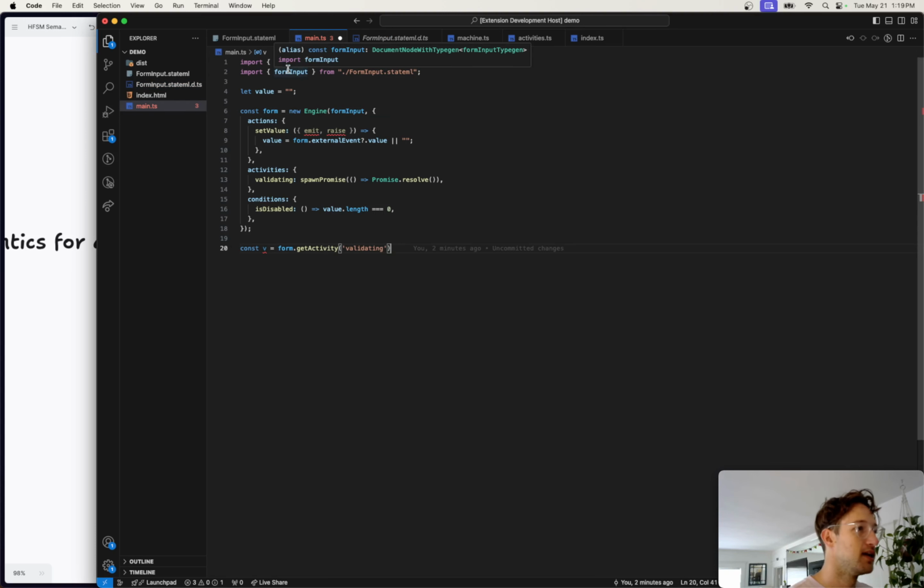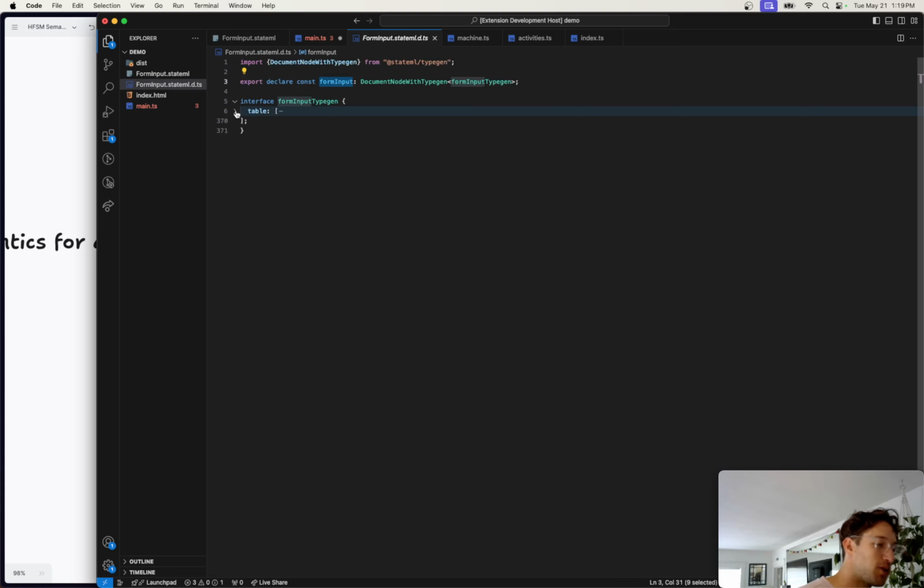So if we look at this, that type, form input type gen, is literally just the representation that the compiler is outputting, which is pretty cool. I'll get into what this representation is next time.